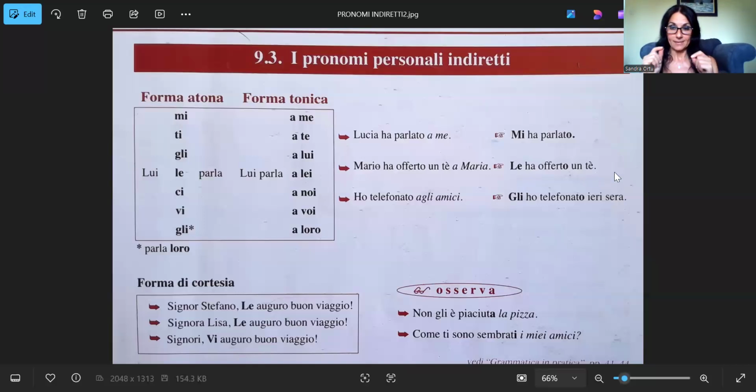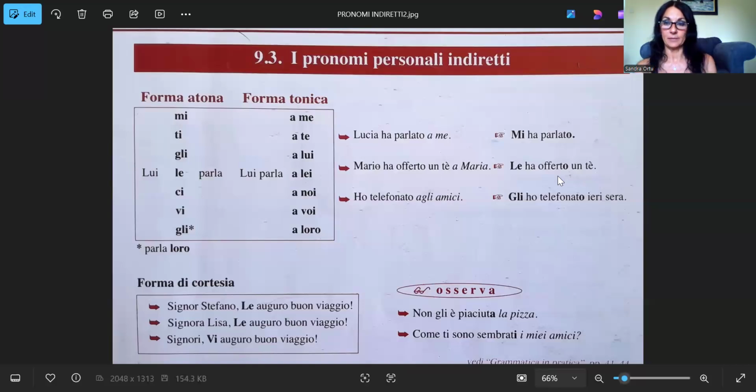So that is the difference, which is not a gigantic difference, but actually it can be a big difference because the context is different. As I said, if the question is, who did he offer a cup of tea to? We're putting emphasis on Maria. It was Maria he offered a cup of tea to. Here instead, what did he offer?